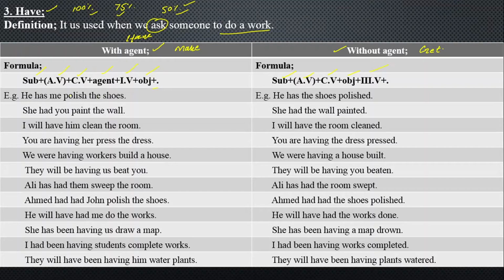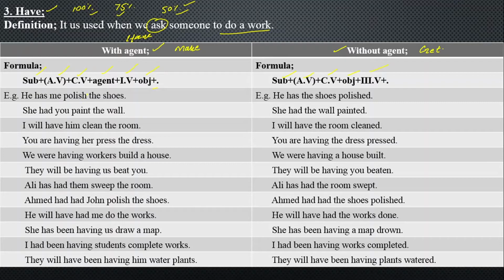And here causative verb make and have are equal with agent. He has me polish the shoes, he makes me polish the shoes. But in causative verb get, we say he gets me to polish the shoes. This should be in your mind. So in the description box, I will be sharing the link where you will be able to differentiate between them and you'll understand them easily. So let's start the sentences.